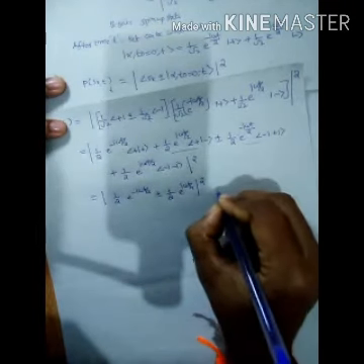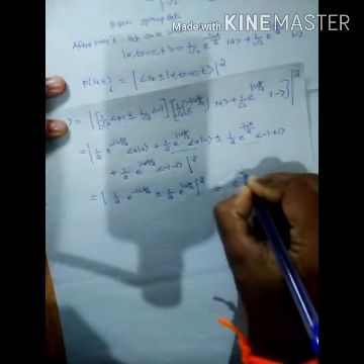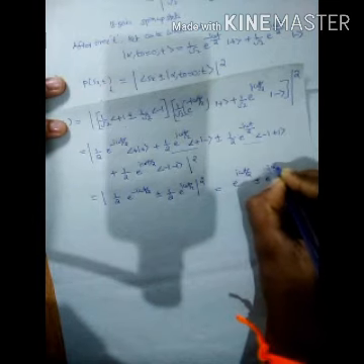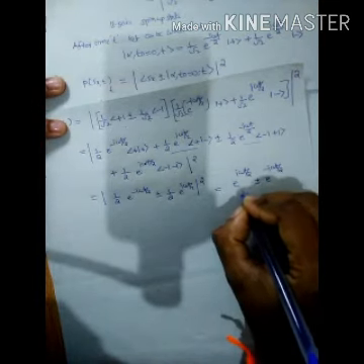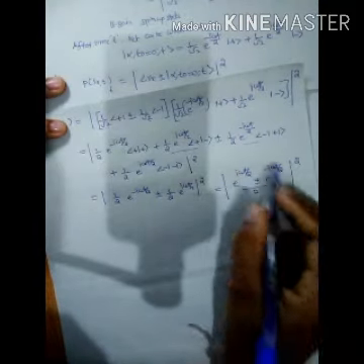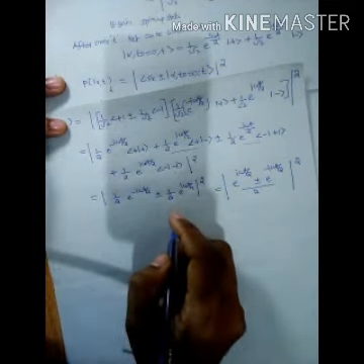This can be written as e raised to i omega t by 2 plus or minus e raised to minus i omega t by 2, by 2, whole square. What is this? It is either cos square omega t by 2 or sin square omega t by 2.